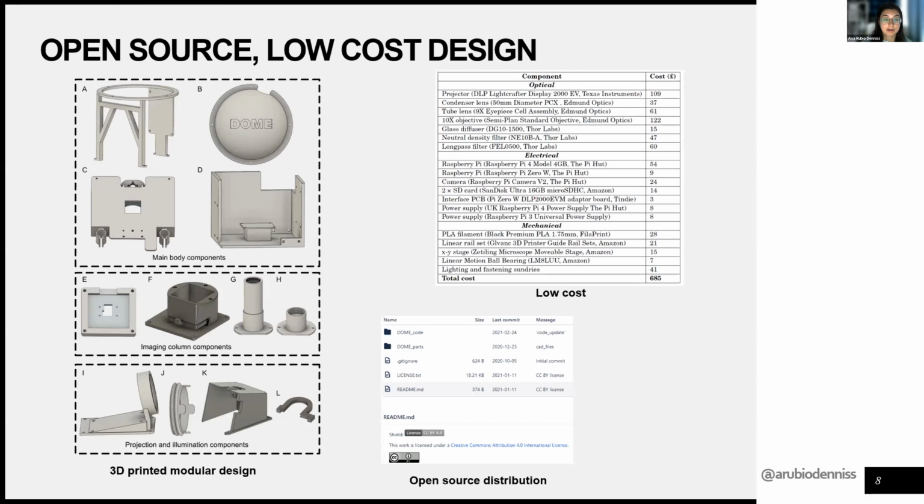They're all available online, and then all the other parts, all the electronic, computational, and mechanical components, again, are relatively low cost. So the whole thing you can build, depending on what kind of lenses you want, for under £700. And again, the parts and the basic calibration code are all available online.